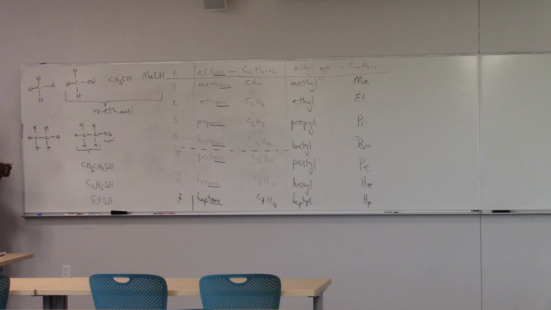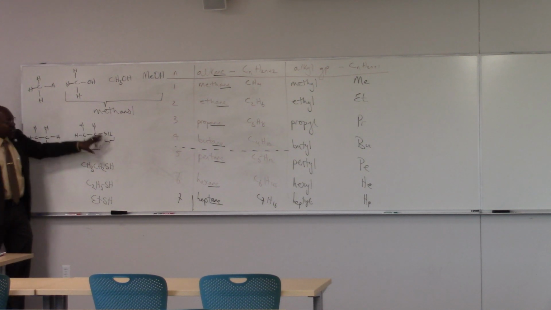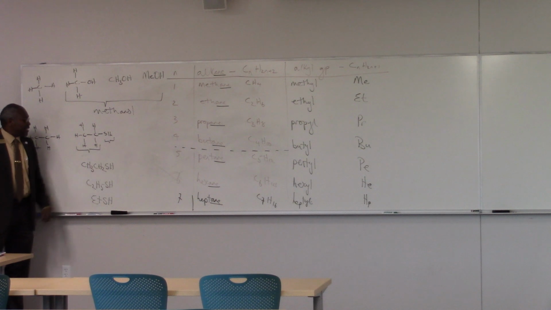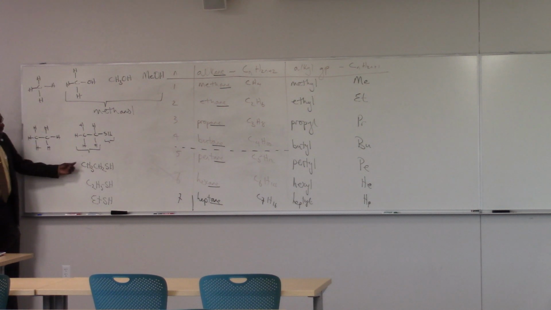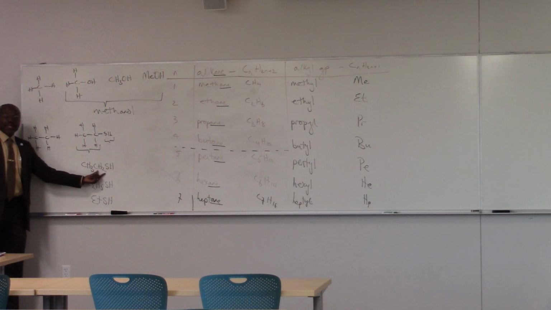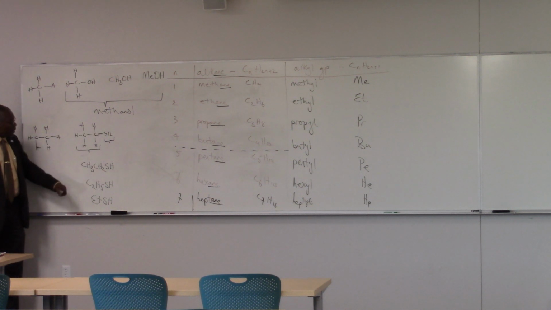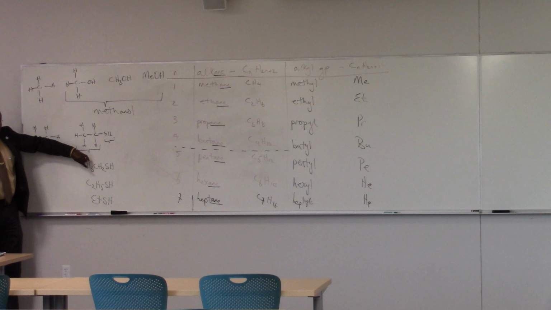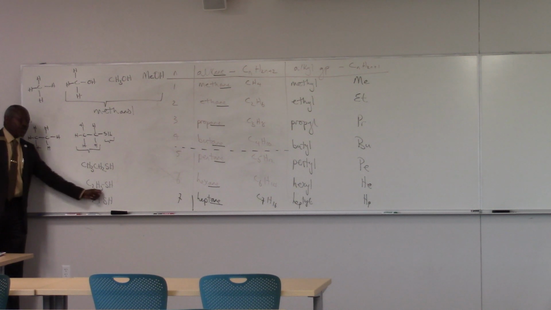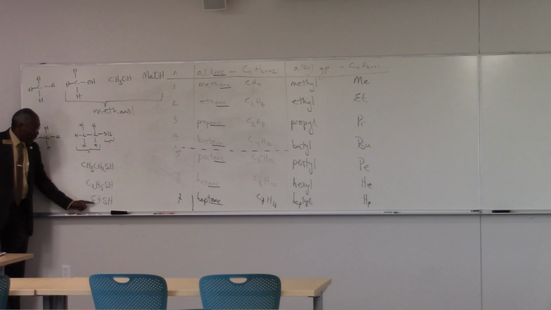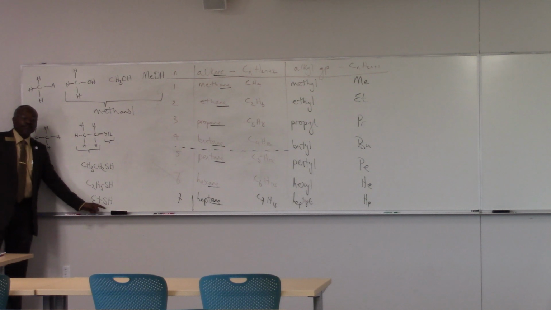All of those are equivalent depictions of ethane thiol. Right? So I can write out the dash structure, or I can write it as the methyl and the methylene, so the CH3 and the CH2. Or I can condense these further into the condensed structure, which is C2H5. That's the ethyl group, which is EtSH.